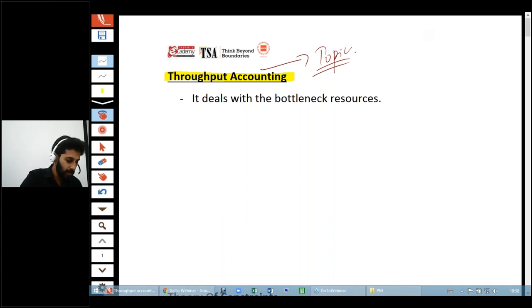See that it is written that it is dealing with the bottleneck resource. Now, what do you mean by the term bottleneck? You probably are aware that there are limiting factors in this situation.